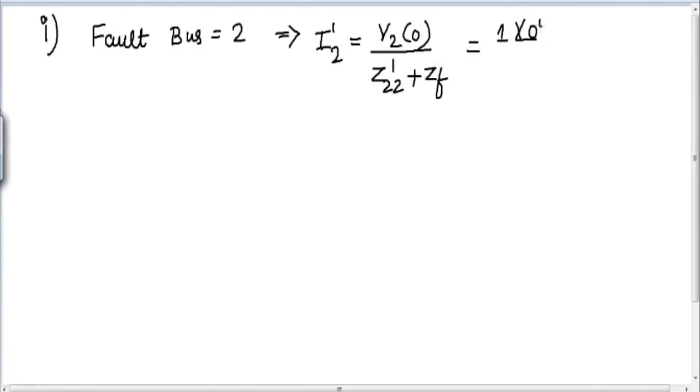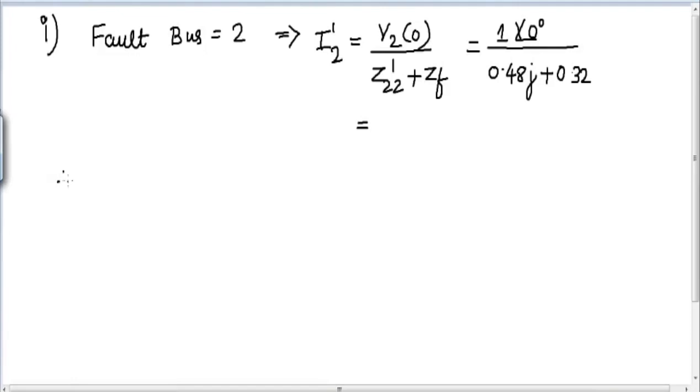So 1 at an angle 0 degree upon Z22. What is Z22? If you refer to your ZBus, you will see that Z22 is 0.48j plus ZF. ZF is given as 0.32. So in this way, you will get the I21. So calculate it and reply in the chat box what is the value of I21.